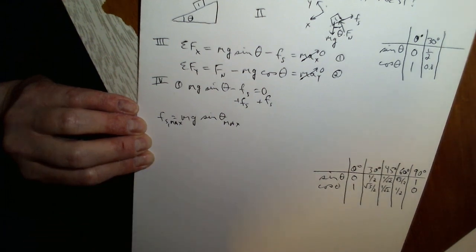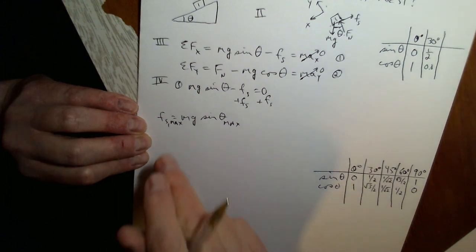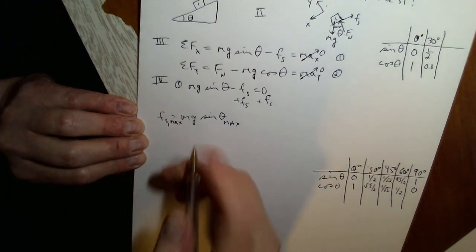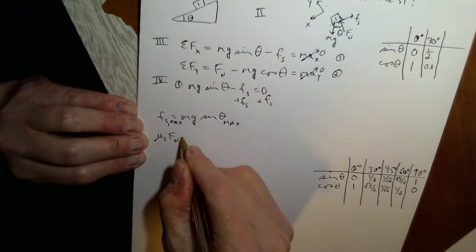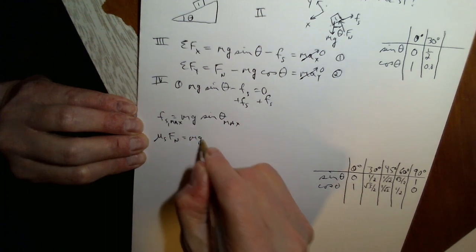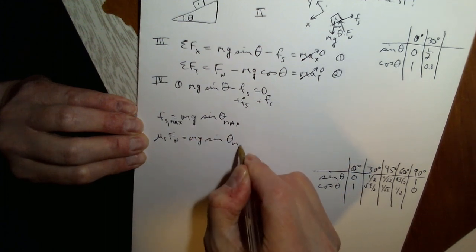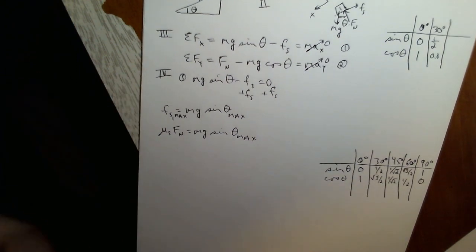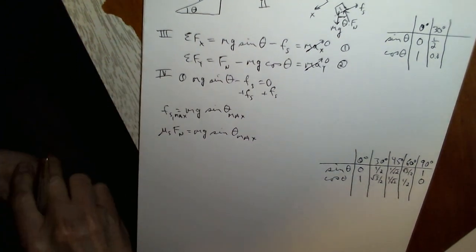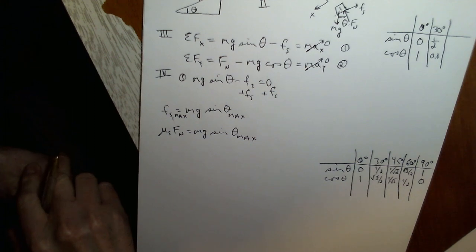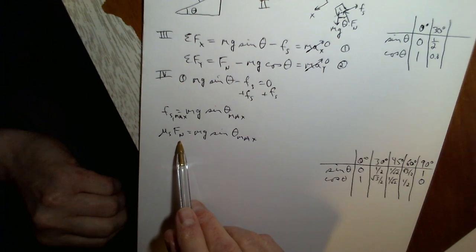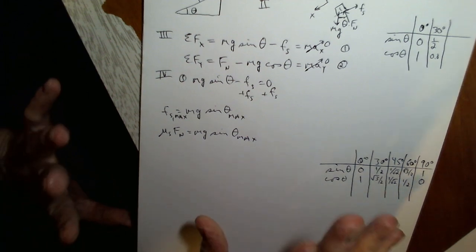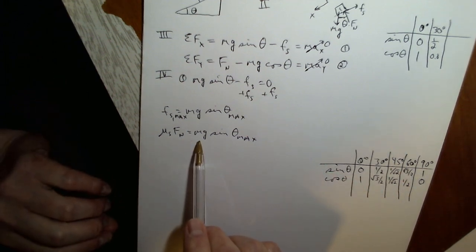Okay, that's sort of interesting. Let me see where I can go from there. So Fs max is coefficient of static friction times the normal force. And I haven't done anything to the other side. So that's getting me somewhere, right? Now, the normal force, I can possibly solve for the normal force in terms of the weight, right? It's a common thing.